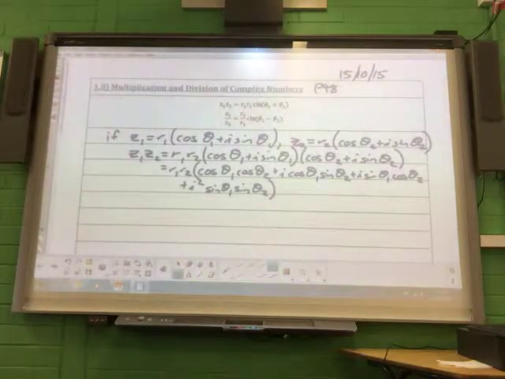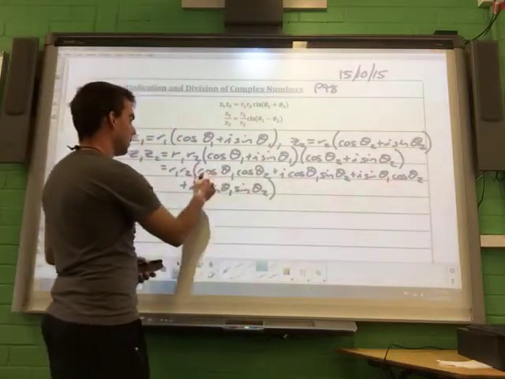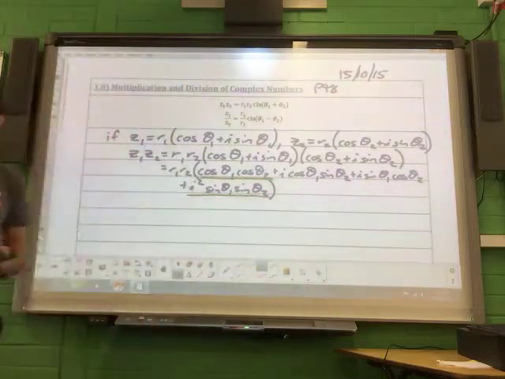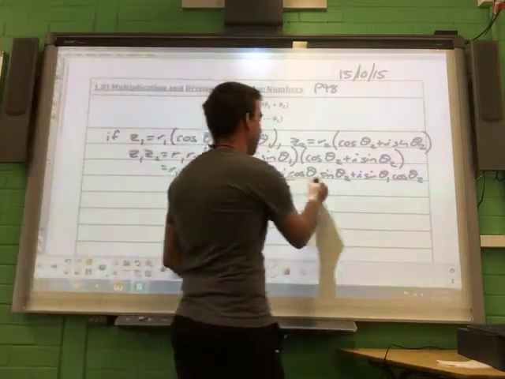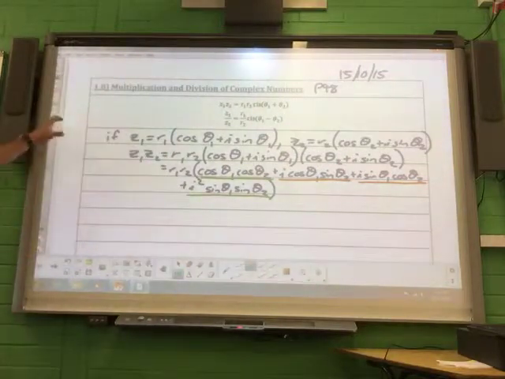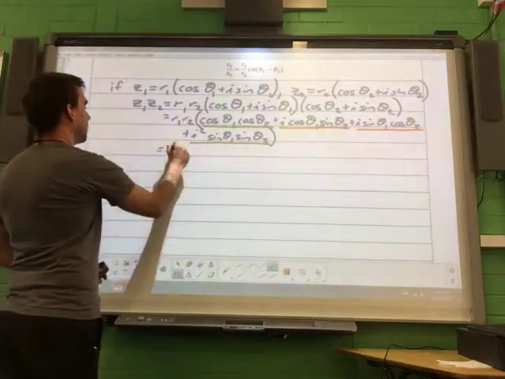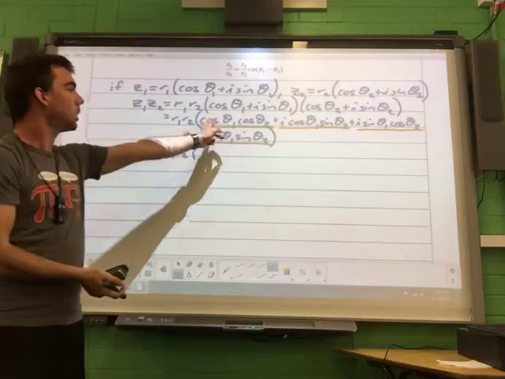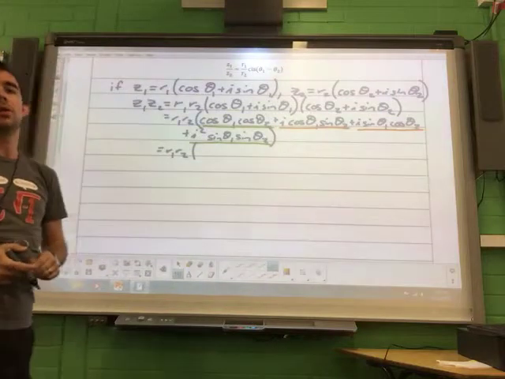Okay, so if I group the real and imaginary parts together, that is my real part, and that will also become my real part there, once I evaluate i squared. Then these two are your imaginary parts, so group both the real and imaginary. So r1 r2, we have cos theta 1 cos theta 2, take away sine theta 1 sine theta 2.